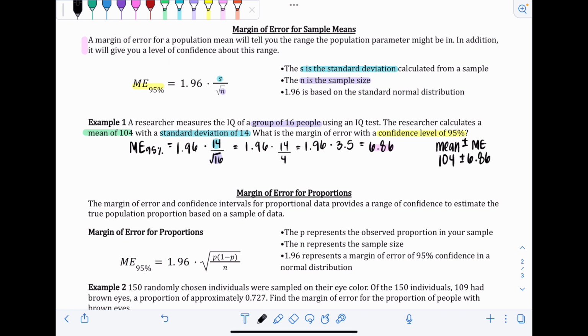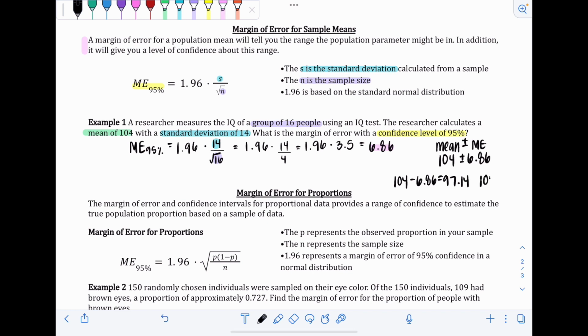So if I do 104 minus 6.86, that gives me 97.14. And then actually I'm going to write it out so it's a little bit easier to follow. So 104 minus 6.86 is 97.14.